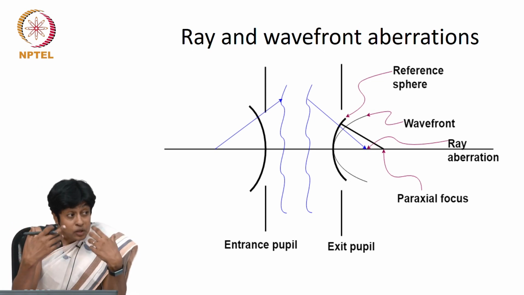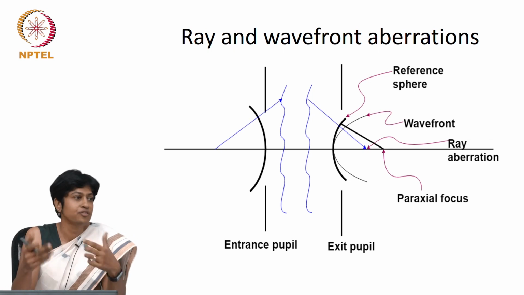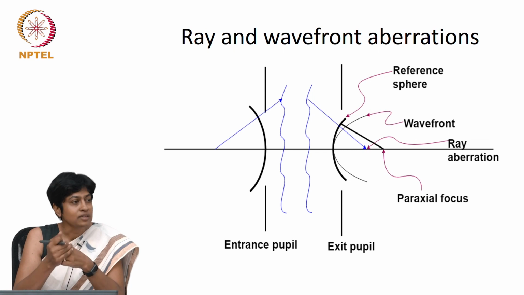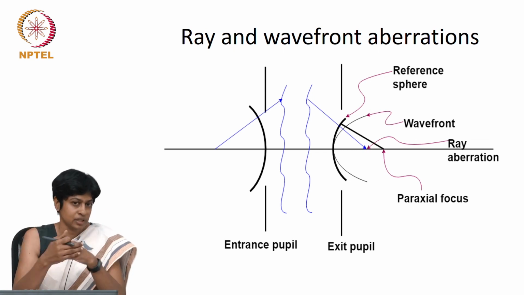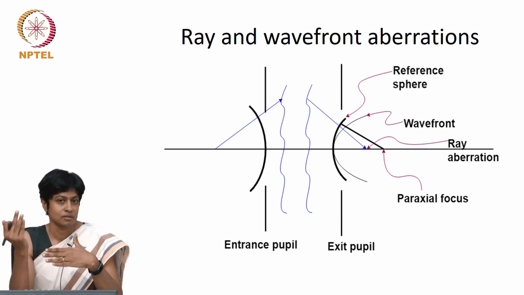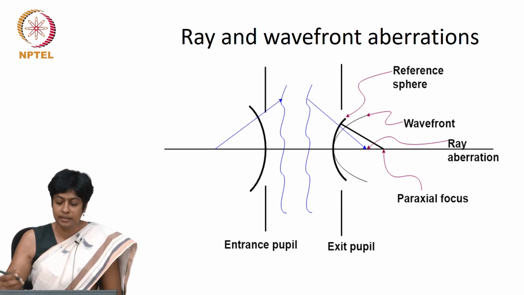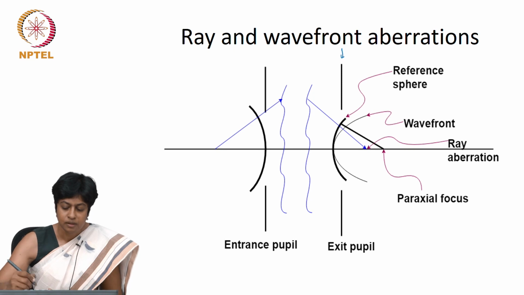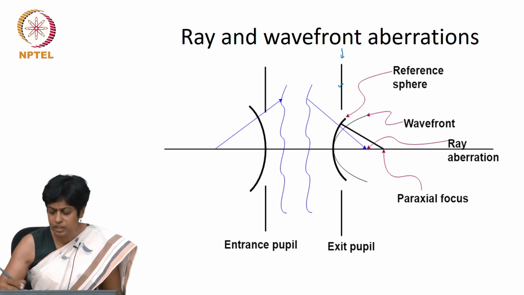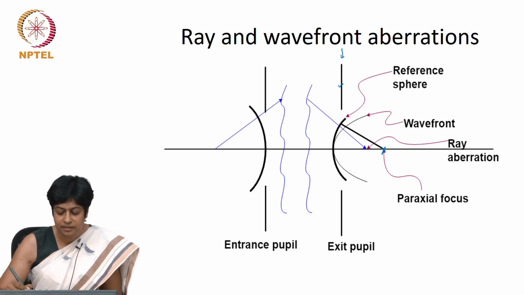But how do I quantify that? It turns out there are several ways of quantifying it. You could quantify it in terms of an angular deviation. I could quantify it in terms of a transverse error. So in this plane, the ray should have been here, but instead the ray is here.